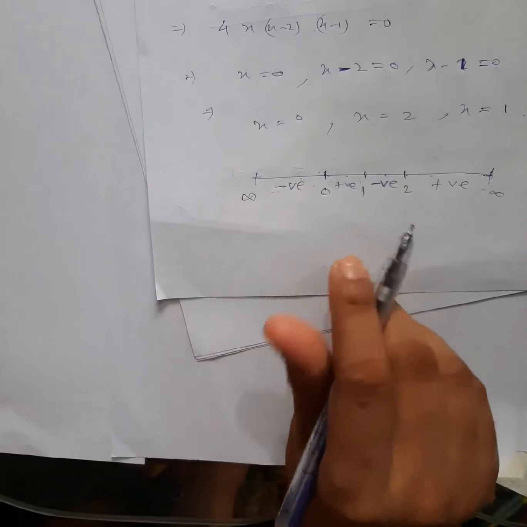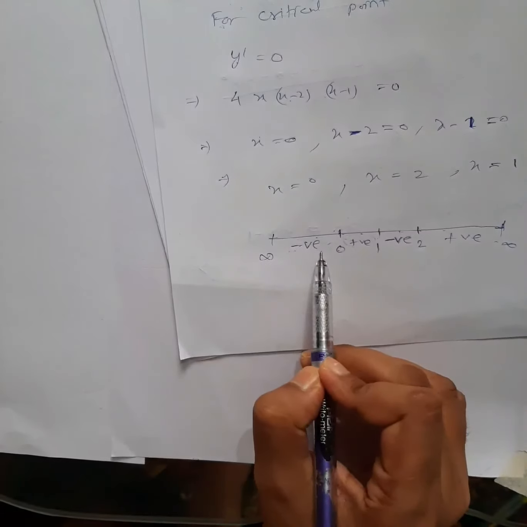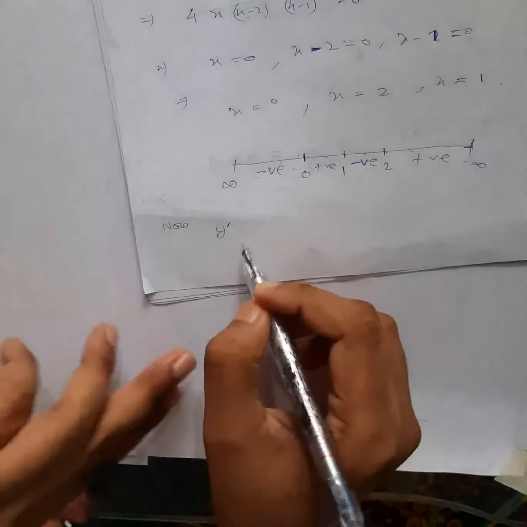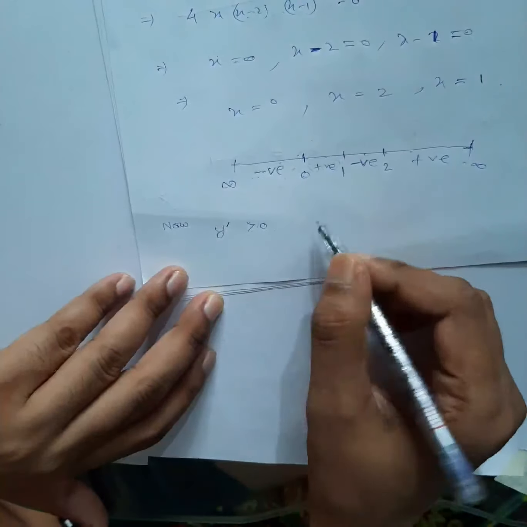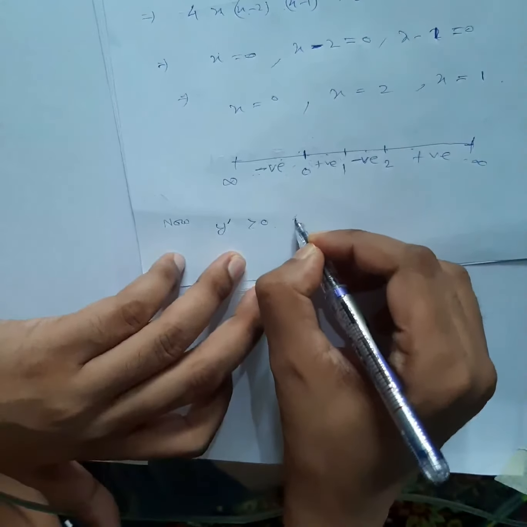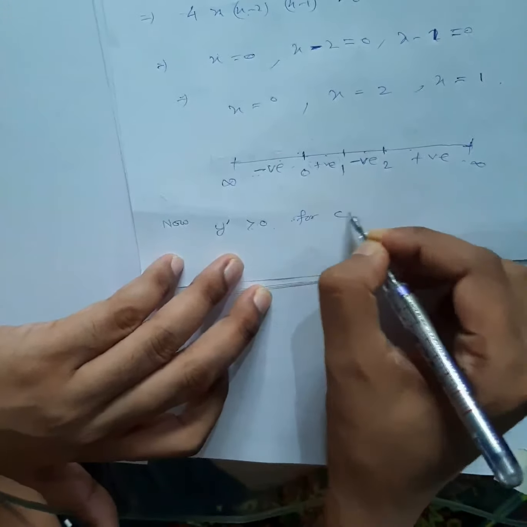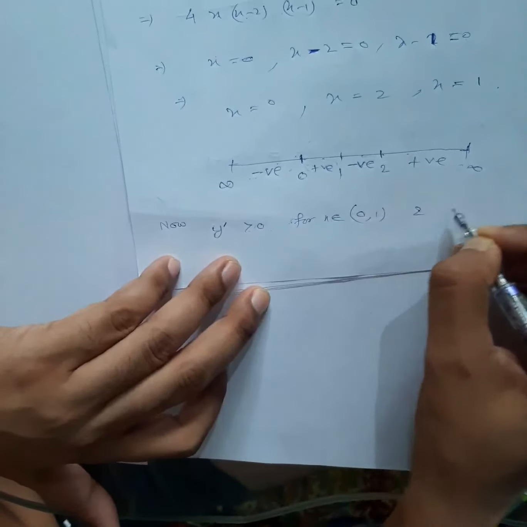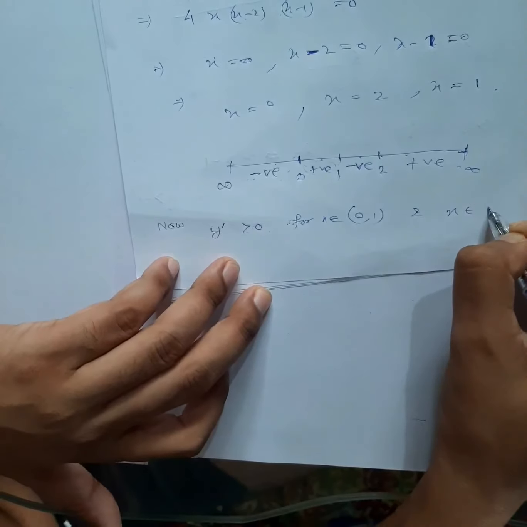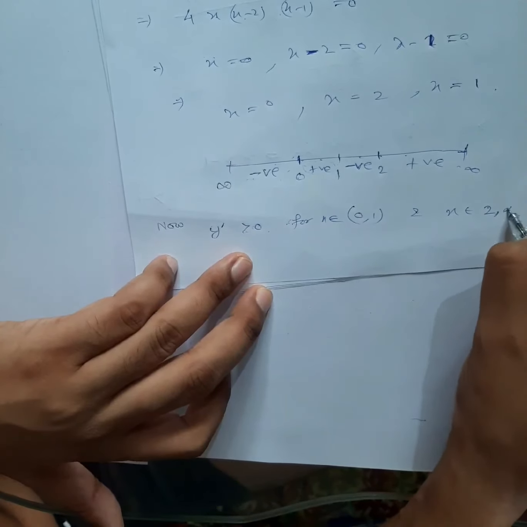Okay, so I have to find out for what value of x it will be increasing, right? So y dash will be positive for x belongs to 0 to 1 and x belongs to 2 to infinity.